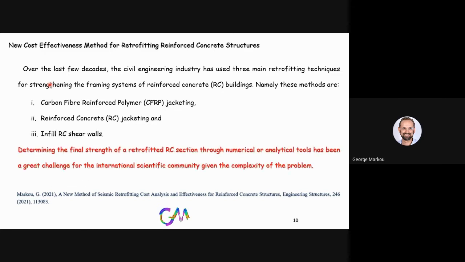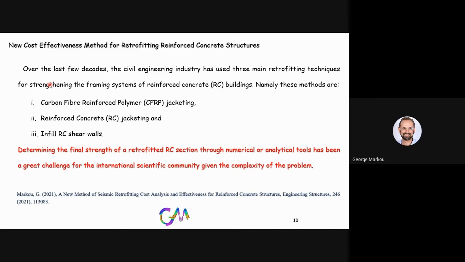And the biggest challenge is to estimate the strength of the retrofitted structural section and eventually the overall strength of the structural member, and then how that affects the overall mechanical behavior of our structure.